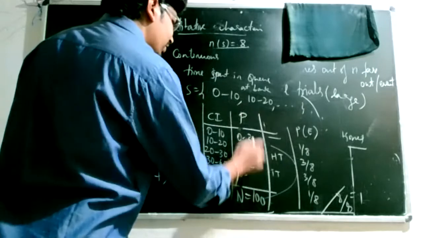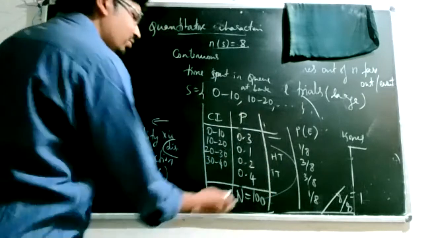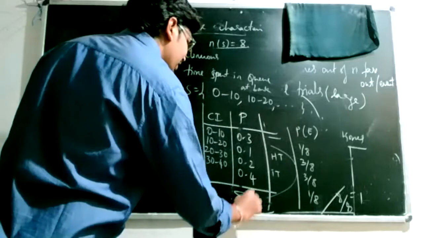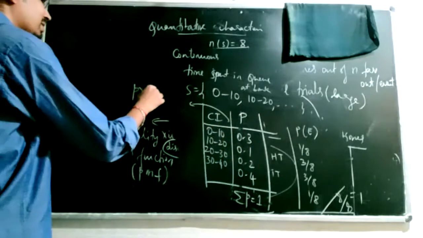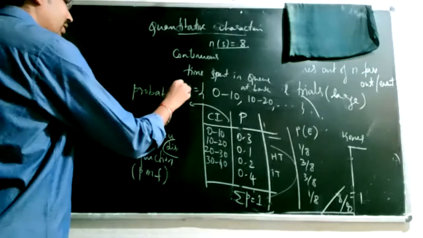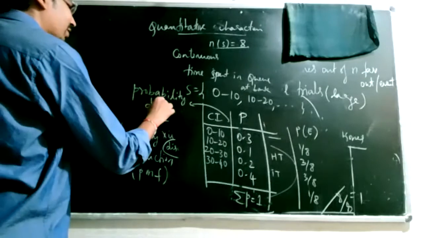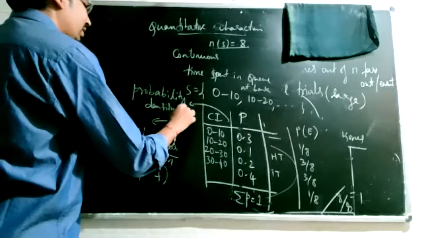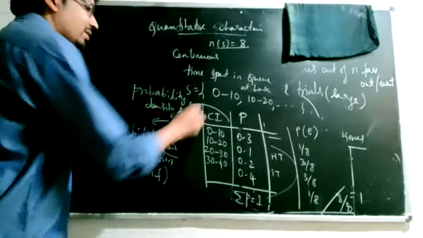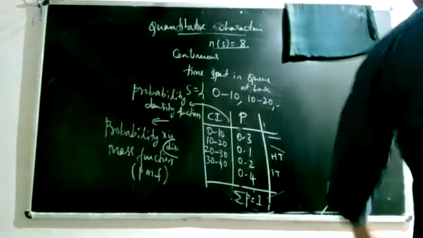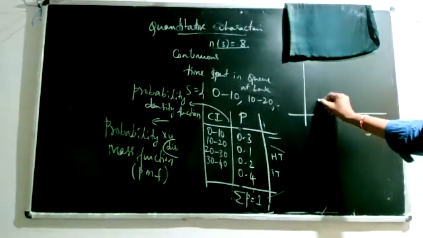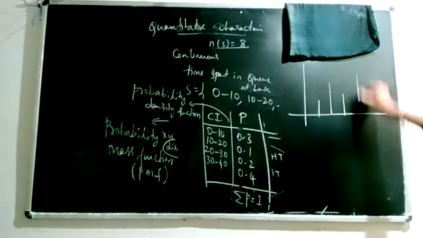Again, the total probability is equal to 1, and such distributions are called probability density functions. The reason is similar to the graphical approach. When you have discrete points, you can erect rectangles.